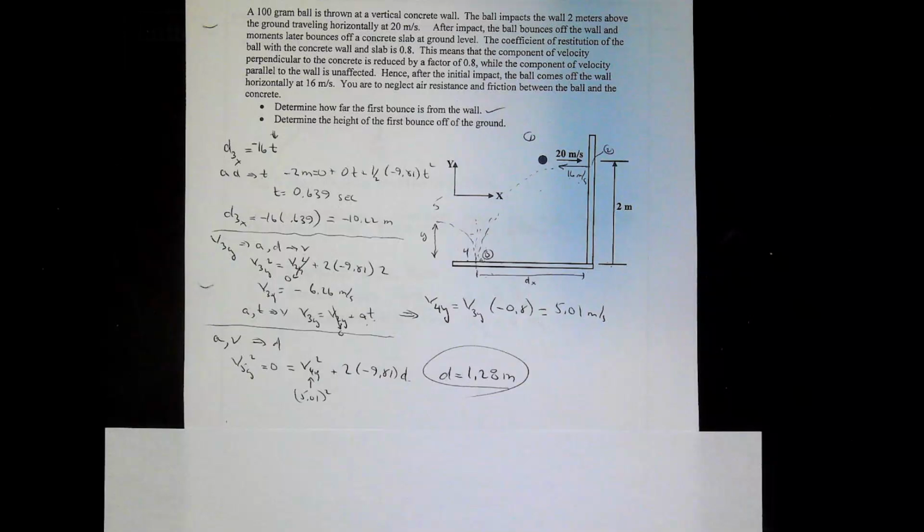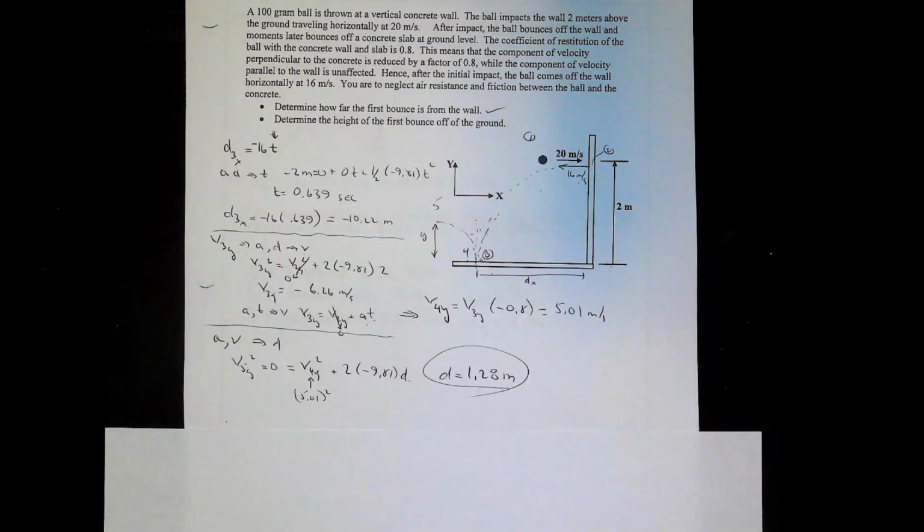So v5y squared, which will be 0, equals v4y squared plus 2 times A, which is minus 9.81, times that height. v4y, 5.01 squared, one unknown, solve for D, come up with 1.28 meters. And that second part of the problem is finished.